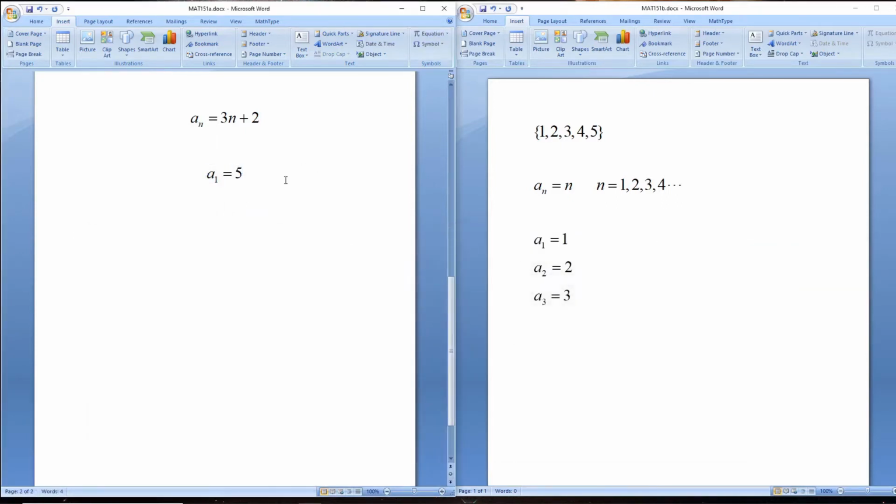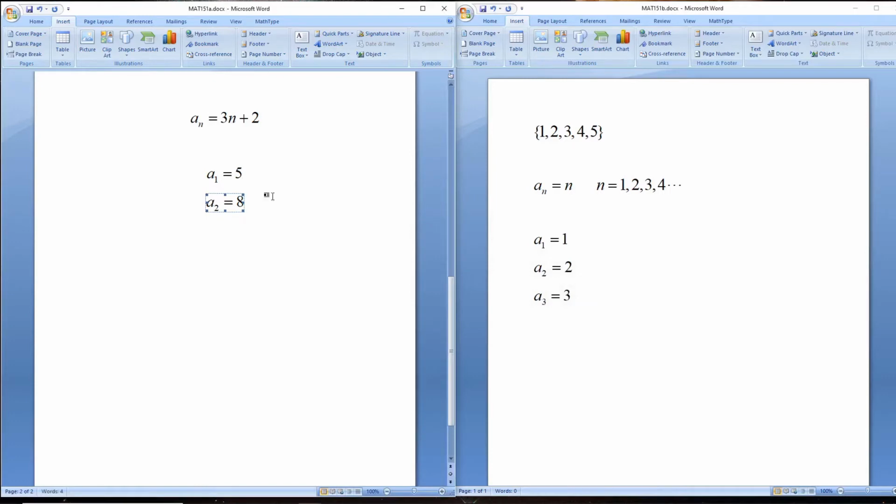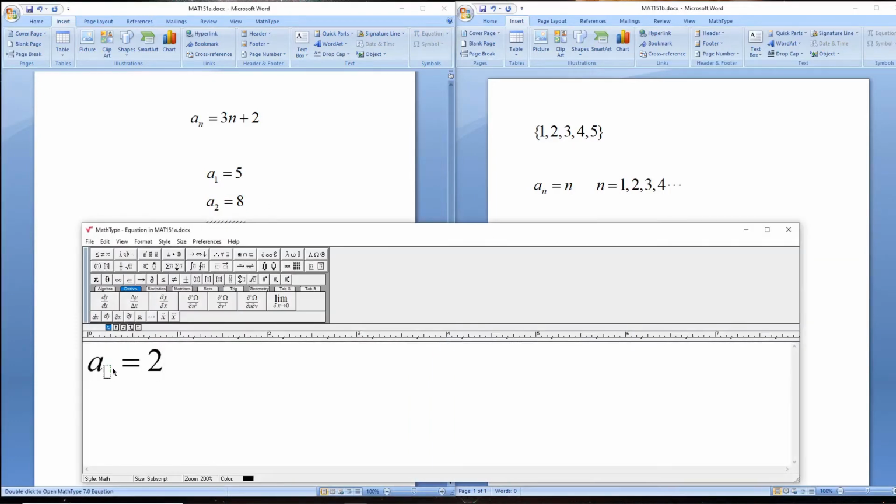Now the book says to list out the first 4, so we'll get an a sub 2 then. If we plug 2 into the sequence, 3 times 2 is 6, plus 2 would be 8. Then we'll write out the third number in this sequence. That means n equals 3. If n equals 3, then we have 9 plus 2 to get us an 11.